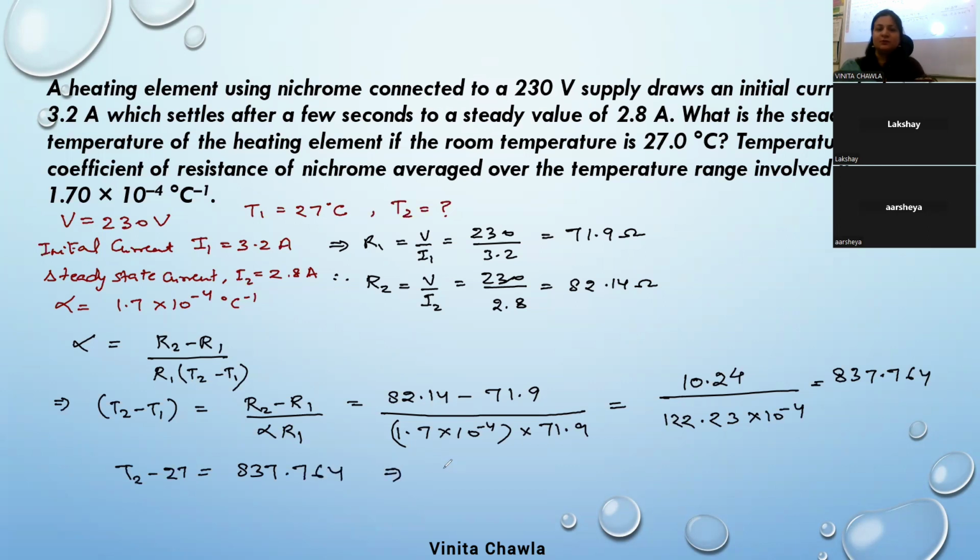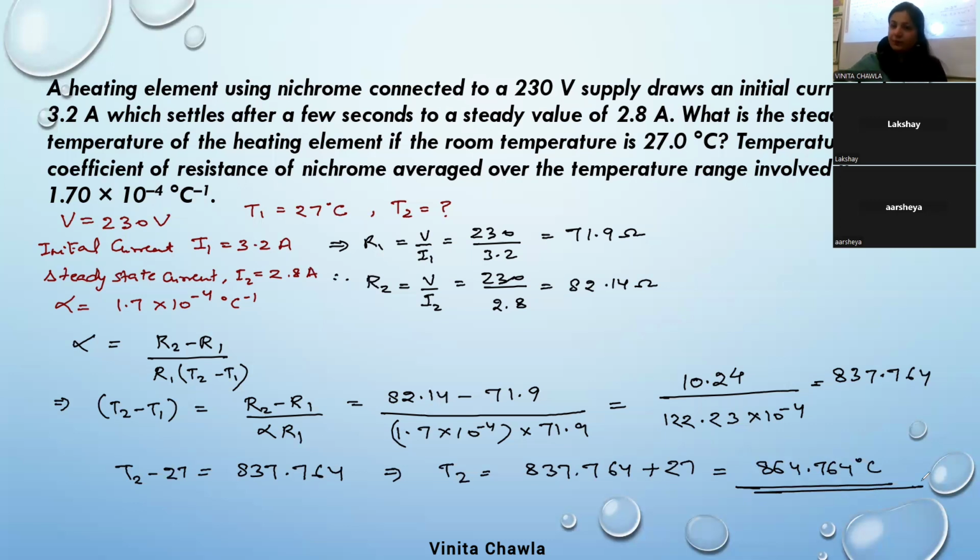So this implies T2 is equal to 837.764 plus 27. It's 864.764 degrees Celsius. Is the answer?